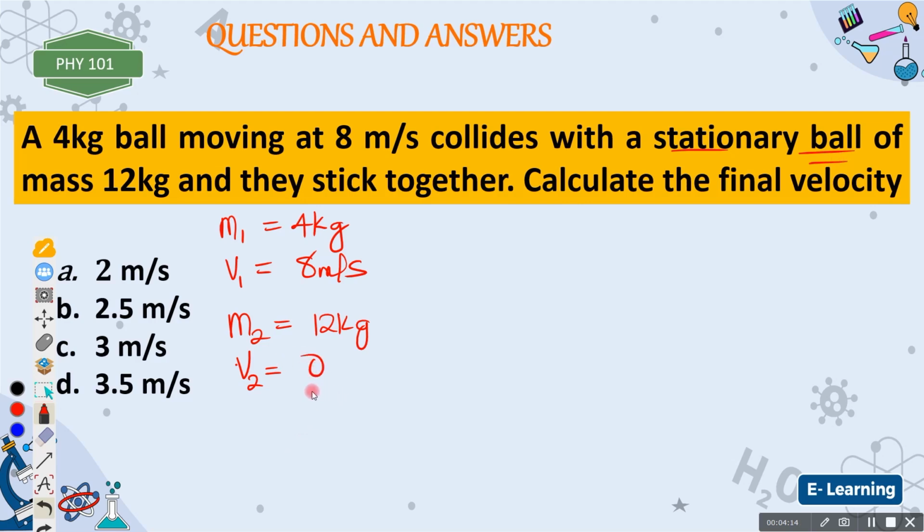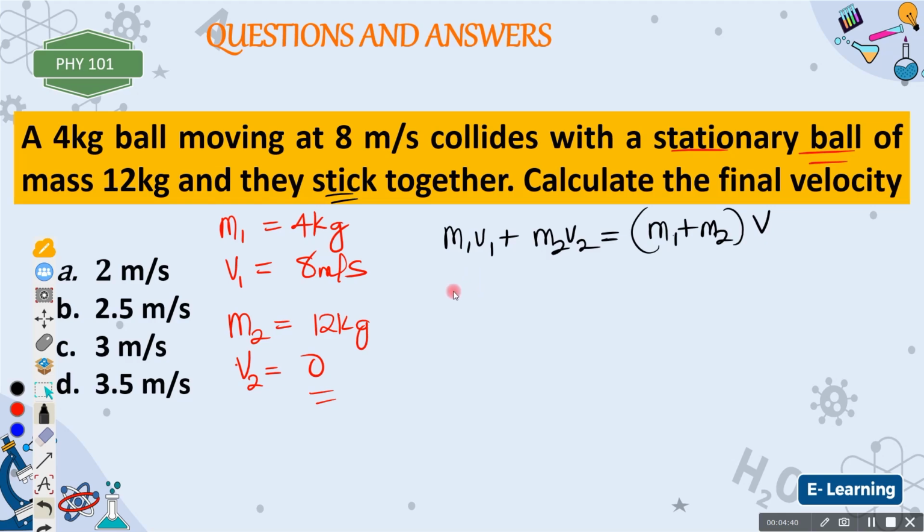The velocity V2 of a stationary ball will be what? 0. Now, from the law of conservation of momentum, it states that the total momentum before collision is equal to the total momentum after collision. But they told you that the both of them stuck together, so M1 plus M2 will have just one velocity.